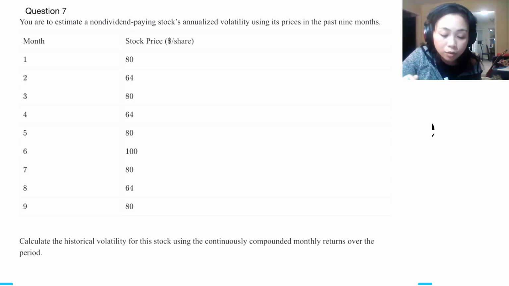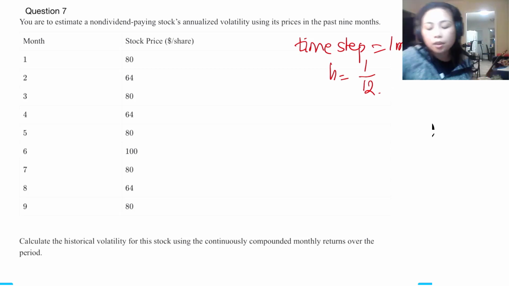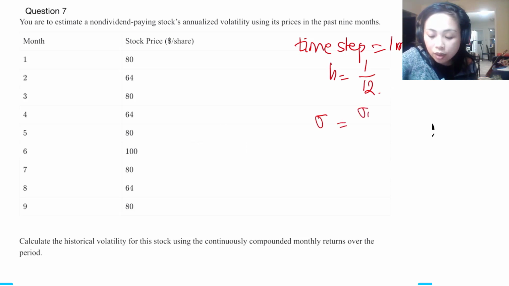So in order to find sigma, we're going to have sigma h over the square root of h. This is by the central limit theorem. First we use this data set to find sigma h, then use it to find sigma. And in order to find sigma h, we have to find the rate of return over each period.